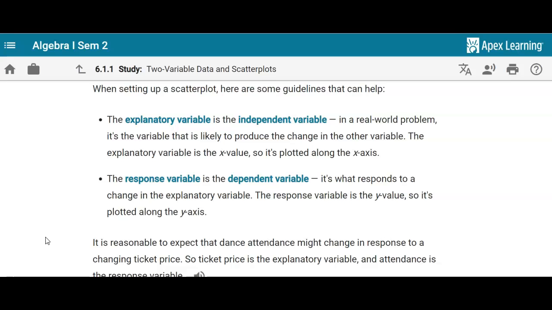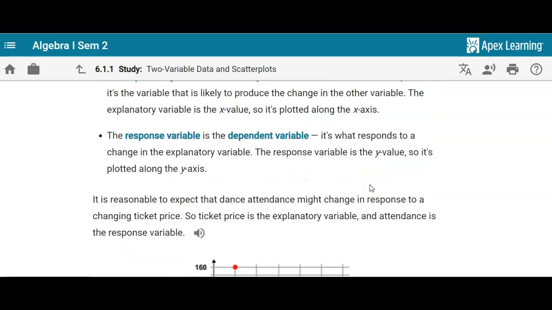So when you look at it, the amount of house you can afford depends on how much money you can make, right? So the amount of money you make is your independent variable. And we'll talk about here the dependent variable would be how much money that would give you to spend on a house. Okay, so the independent variable depends on nothing. The dependent variable depends on the independent variable.